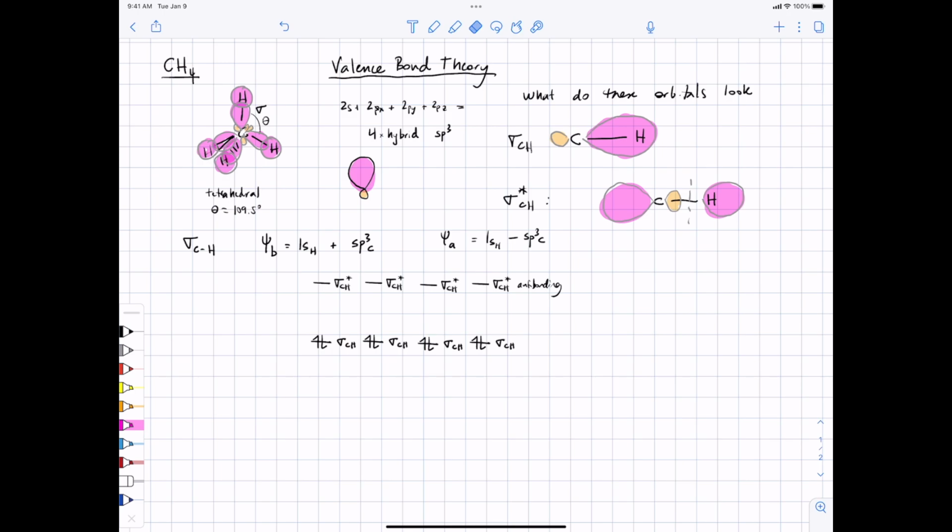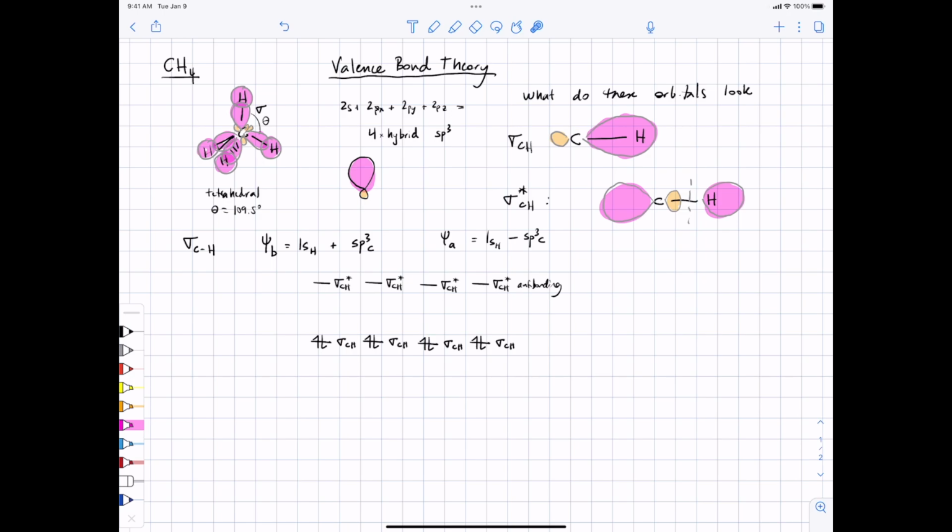So instead, we mathematically mix together all of the 2p orbitals and the 2s orbital, and we get four hybrid sp3 orbitals, oriented in a tetrahedral arrangement. Then we can conceive of making each bond in methane from overlap of the large lobe on one sp3 orbital with the 1s orbital on hydrogen.